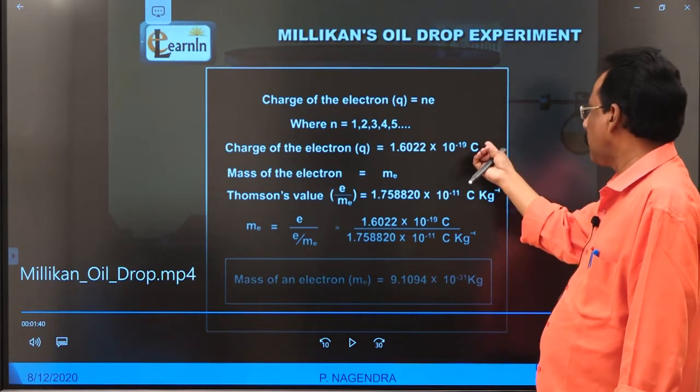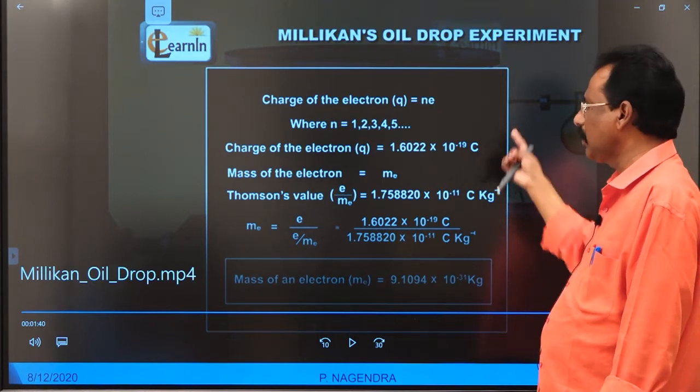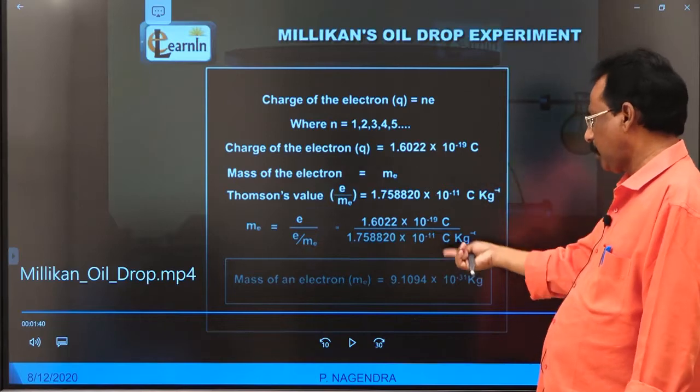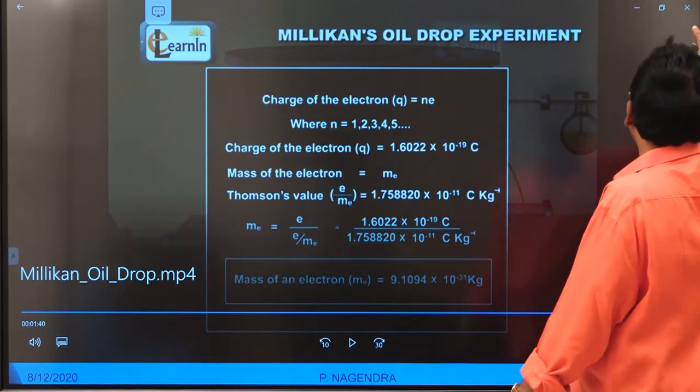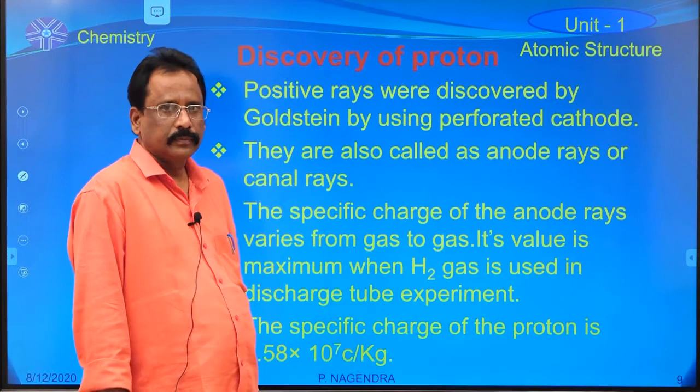So here the charge of the electron is expressed in MKS system, that means SI unit. Now from e/m ratio and e, it is possible to calculate the mass of the particle like electron.